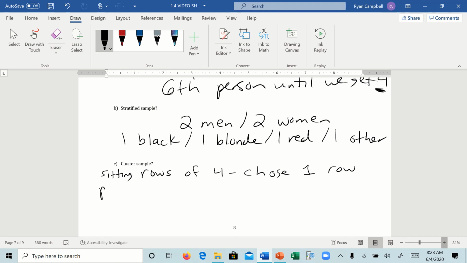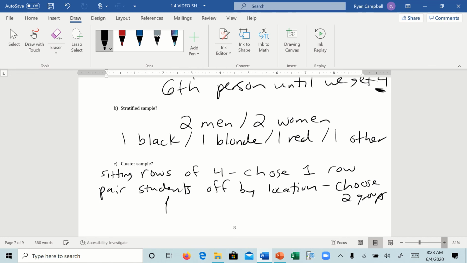The other way you could do it is just pair students off by location, so where they're sitting, right? And then just choose 2 rows or 2 groups. Yeah, this one's not super great because you are technically putting them into groups, but I guess since it's by location, we can just let it go. This one actually ended up just being perfect. Everyone was sitting in rows of 4, and I just chose 1 row. That was the perfect way of doing this.